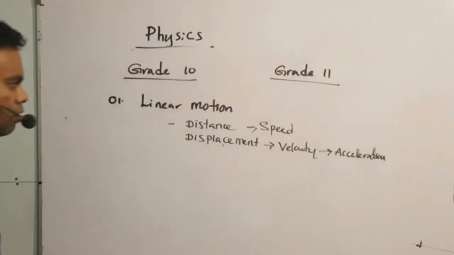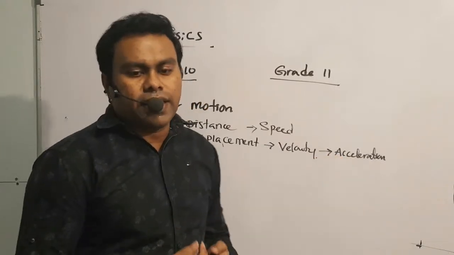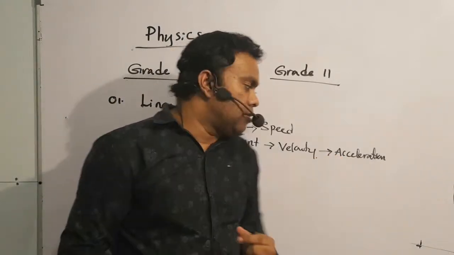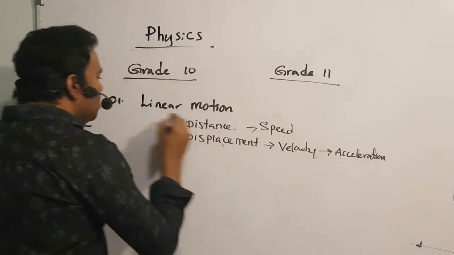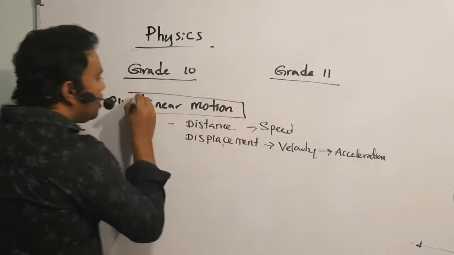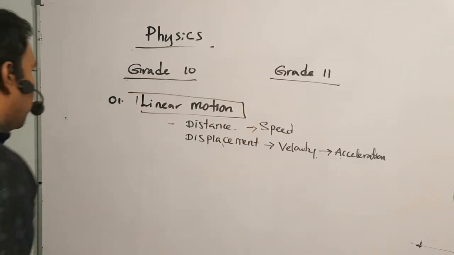Okay, then after learning this acceleration part, we can study the rest of the things, Newton's laws. The first thing we study is linear motion, and we have to answer the questions associated with that.